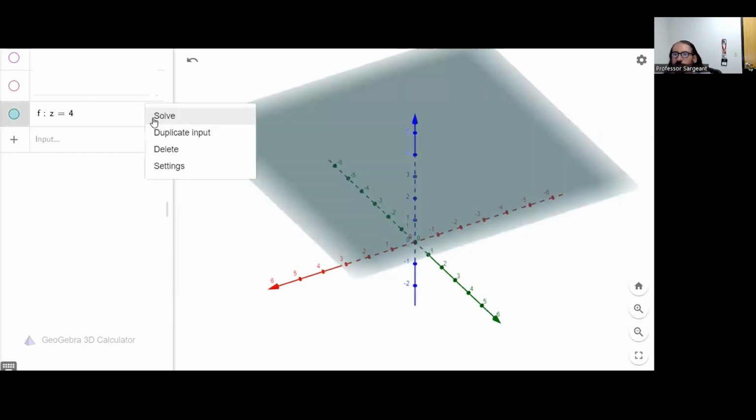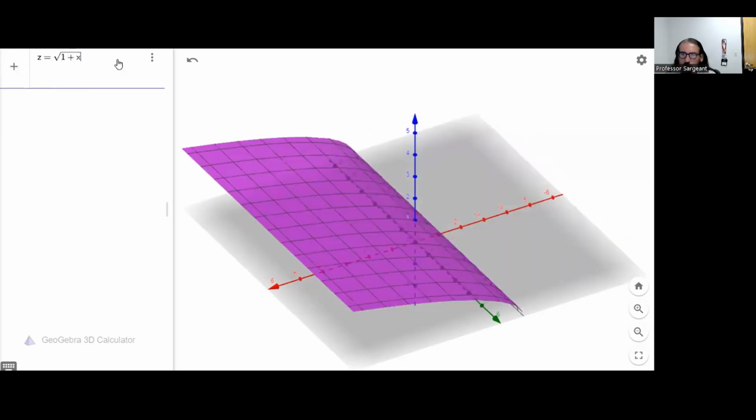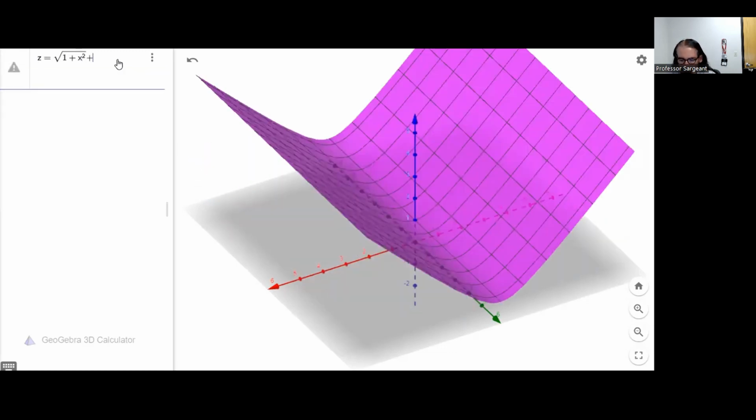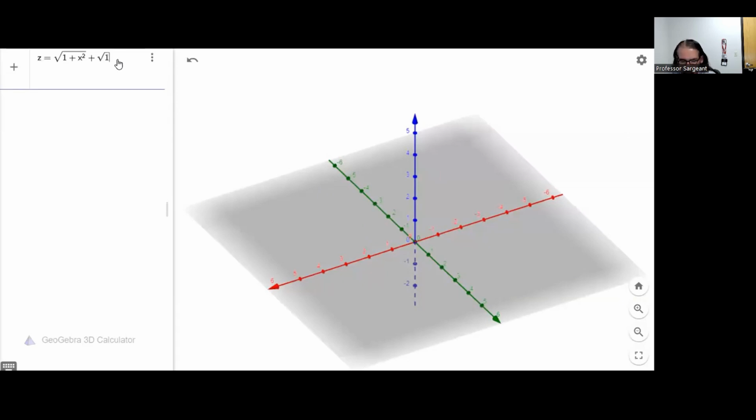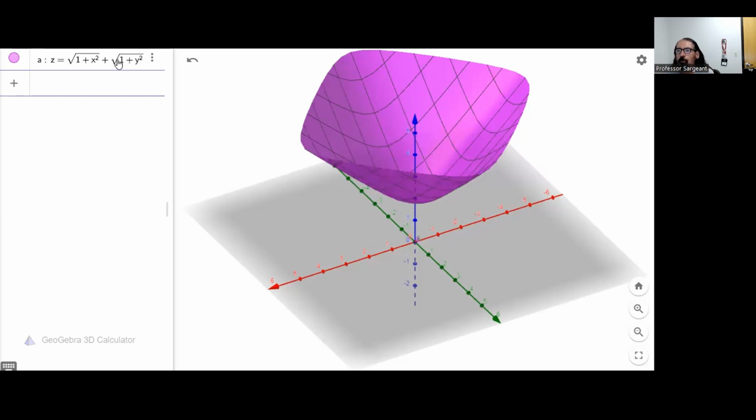That is the z-axis then. Let's graph the sum first of all. Okay, so that's what we had on the left-hand side.